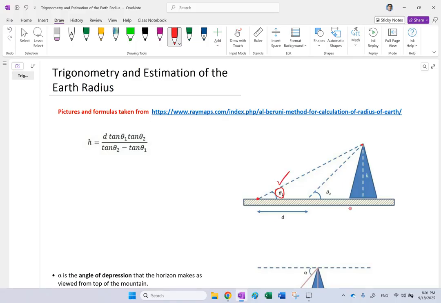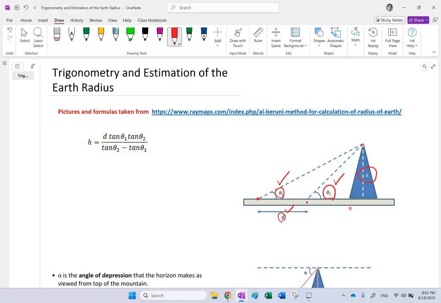Then he moved a distance d forward toward the mount and again measured the angle from his position to the tip of the mountain. So he measured angle theta 2, and then using theta 1, theta 2, and this distance d that he knew, first he estimated the height of the mountain, and then using that, he estimated the radius of the Earth.